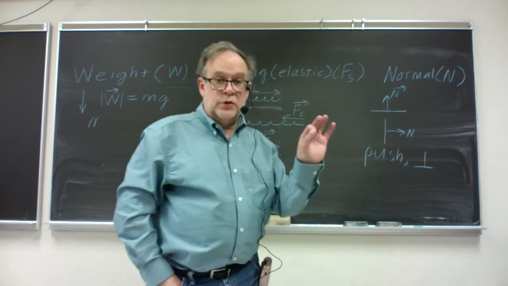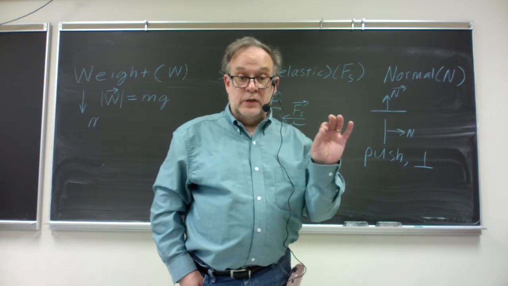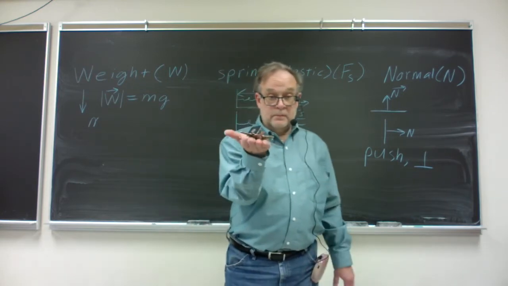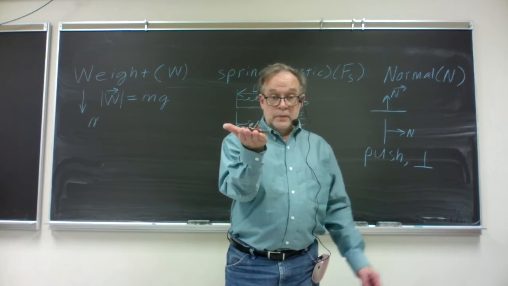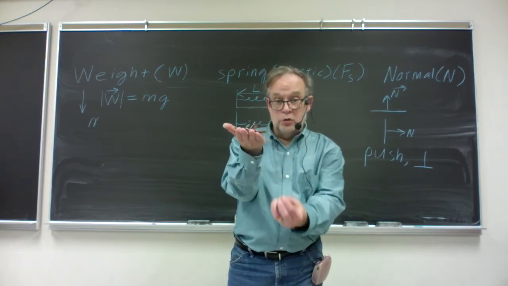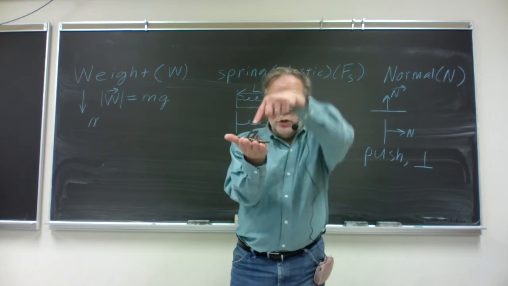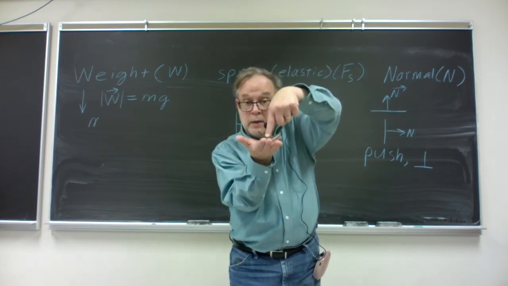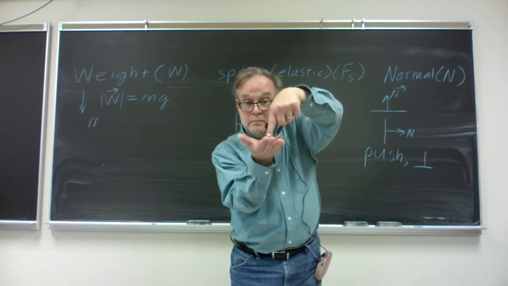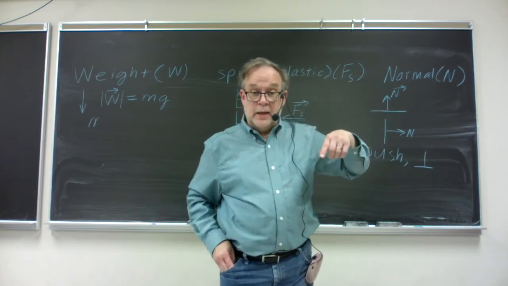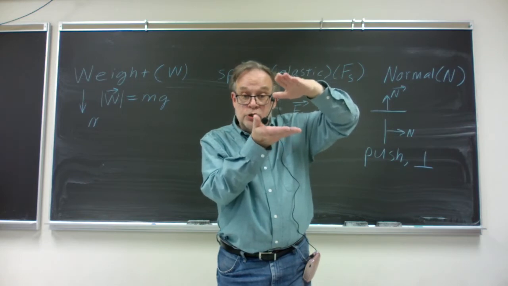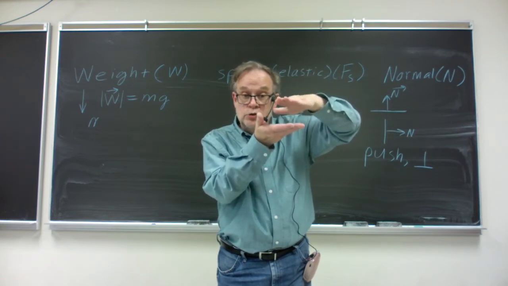Now, I said a few minutes ago that the normal force is a kind of elastic force, because what's happening in this case, the keys, for example, they feel a weight force, so they are pulled down, which means they're pushing into my hand. And because they're pushing into my hand, the molecules at the top of my hand are squeezed a little bit closer together than they would be normally.